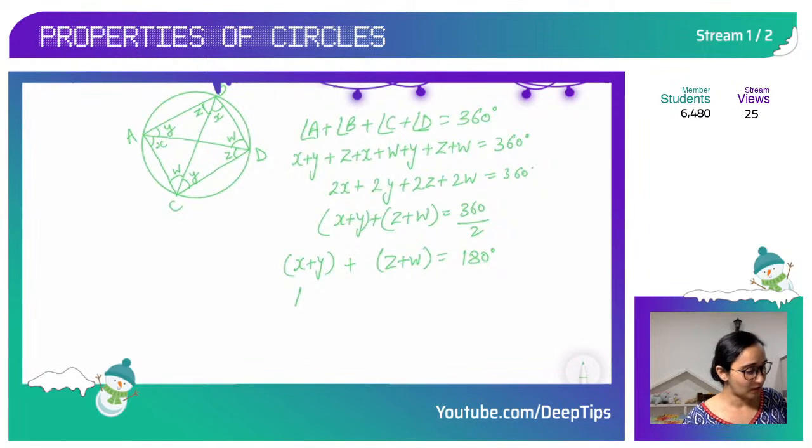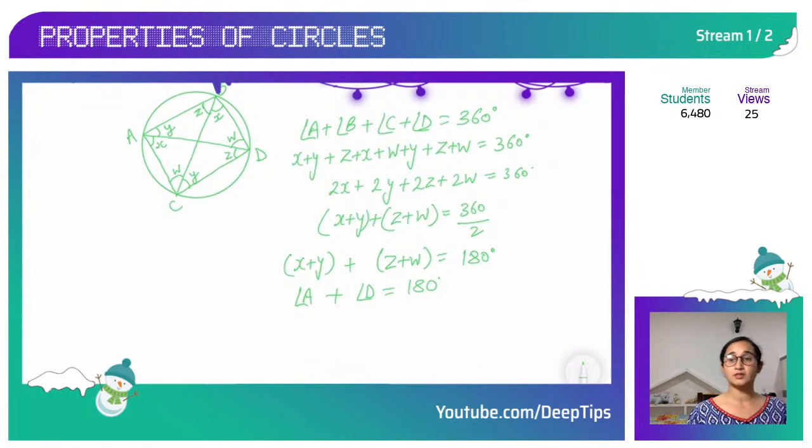Here x plus y is angle A and z plus w is angle D. So I have proved that the sum of the opposite angles in a cyclic quadrilateral is supplementary. Opposite angles of a cyclic quadrilateral are supplementary.